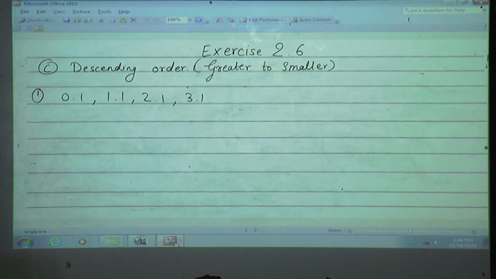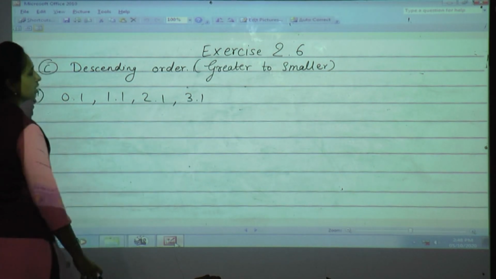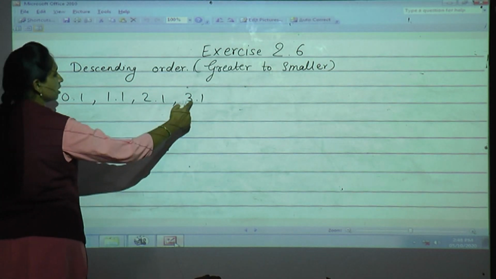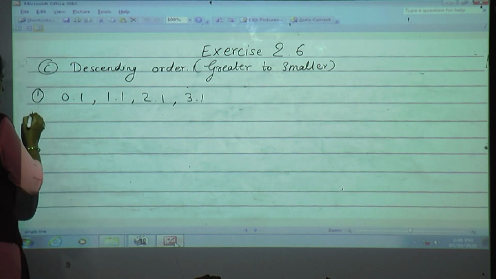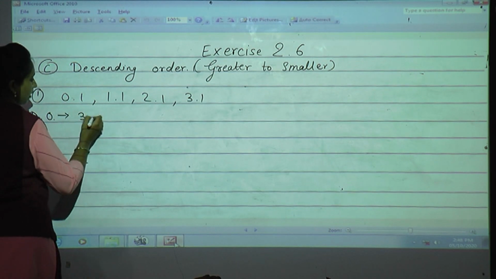Now see this question. Descending means greater to smaller. Now in this question, which is greater, student? In the whole place 0, 1, 2, 3. Which is greater? Of course 3 is greater. So write here descending order: 3.1.